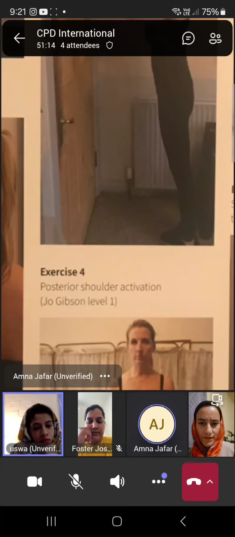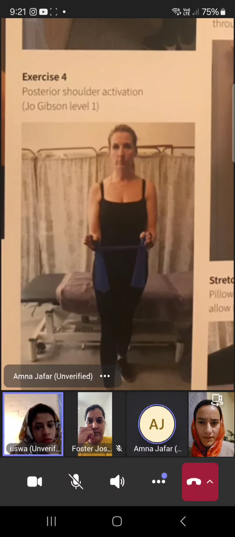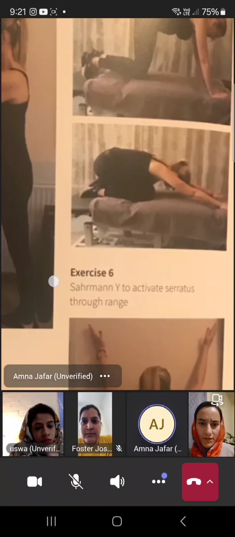Okay, so exercise 4, posterior shoulder activation, Jobe Gibson level 1. This is the same exercise Foster Joseph has explained. Exercise 5, Sahrmann quad start and end positions.